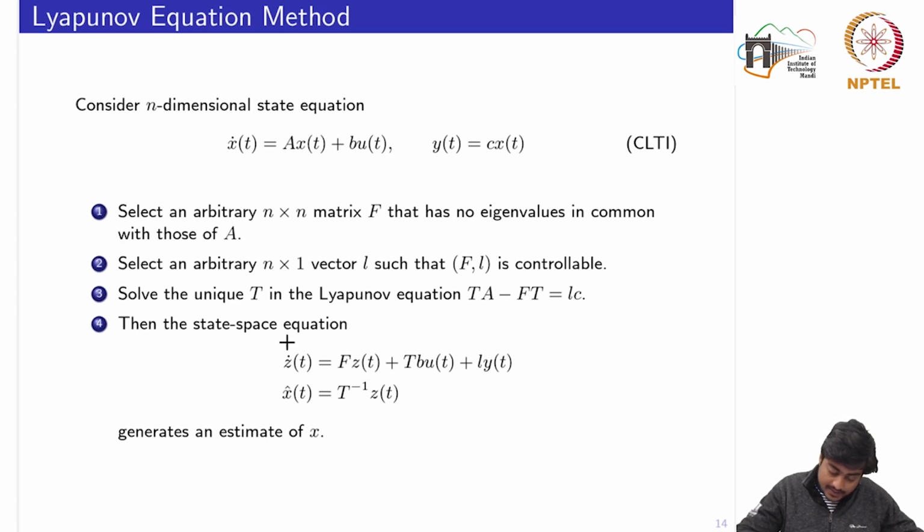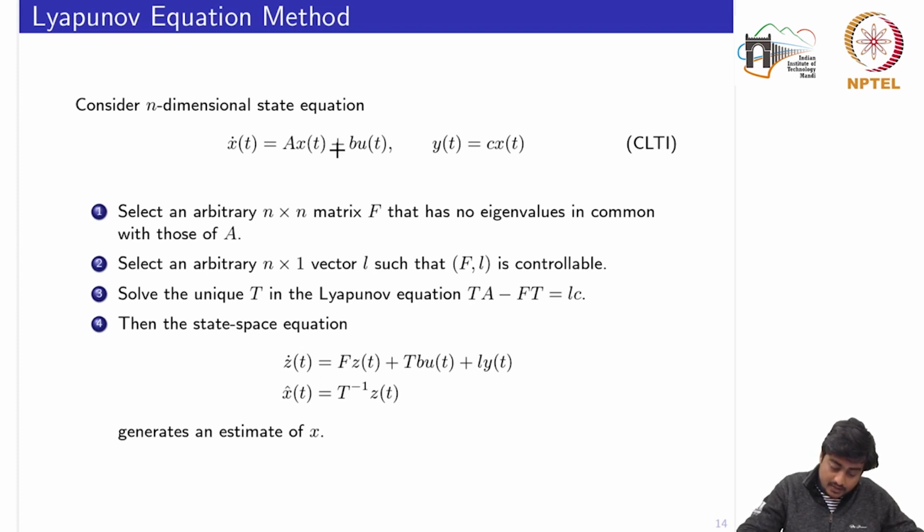Then the state space equation, given by Z dot equal to FZ plus TBU plus Ly, would be the internal state of the observer. And x hat would become the output of the observer, so x hat is equal to T inverse Z. Now we know from the Lyapunov equation that whatever T we get, it would be non-singular.